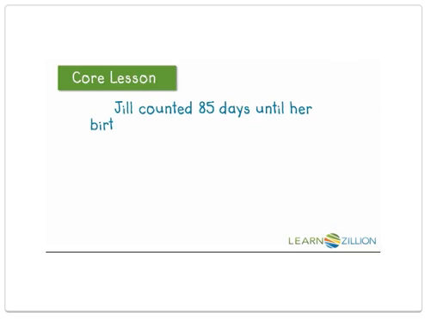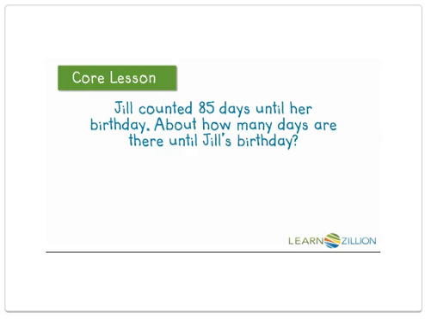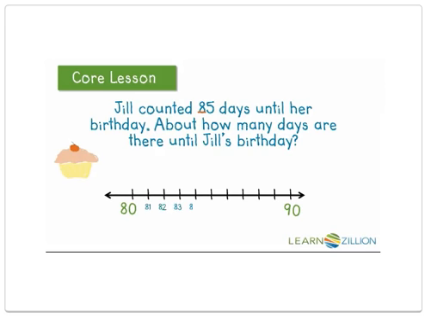Let's look at another problem. Jill counted 85 days until her birthday. About how many days are there until Jill's birthday? Again, I think it's best if we round to the nearest 10. So let's focus on the 8 in 85. Our benchmark numbers are 80 and 90.